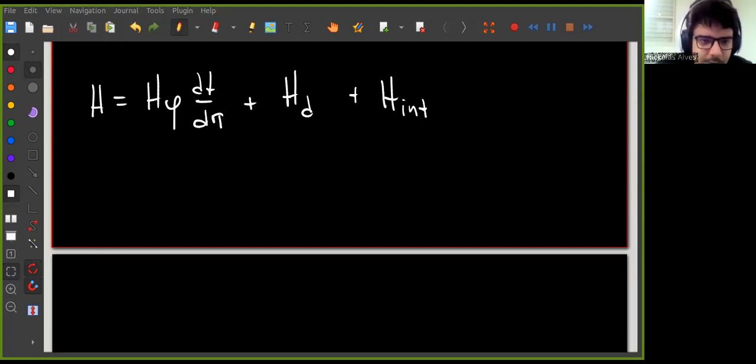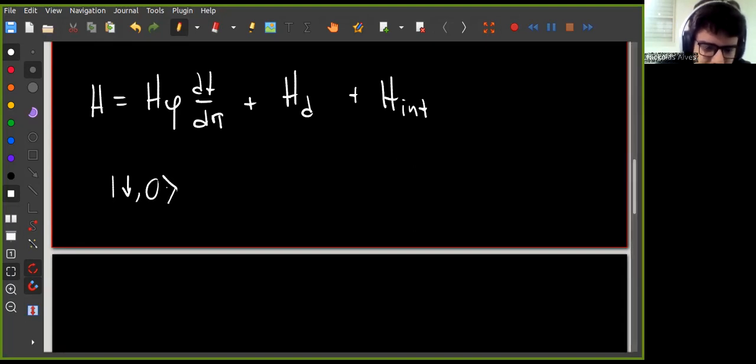And we want to do something with this, namely, we're interested in computing the excitation probability. So if I have the ground state, g, or down arrow, let me use down arrow, and the field is in the vacuum, I want to know what is the probability that it goes to the up state with the field in some other state.